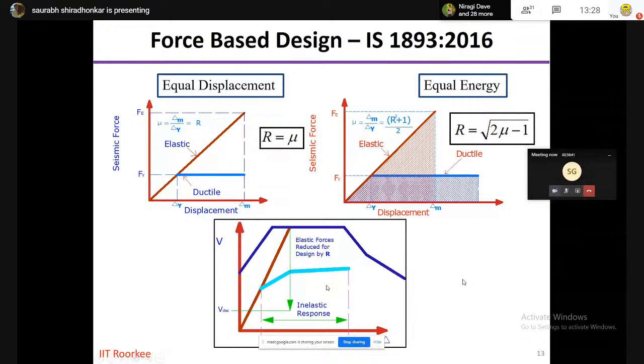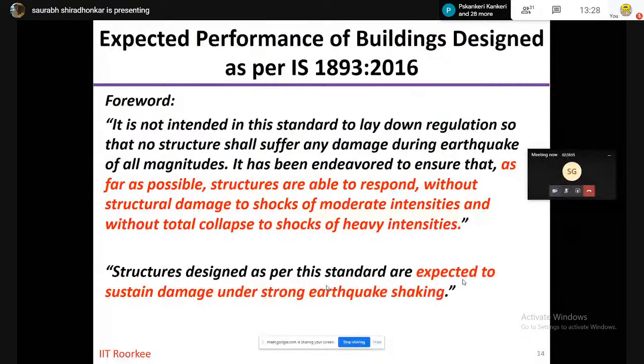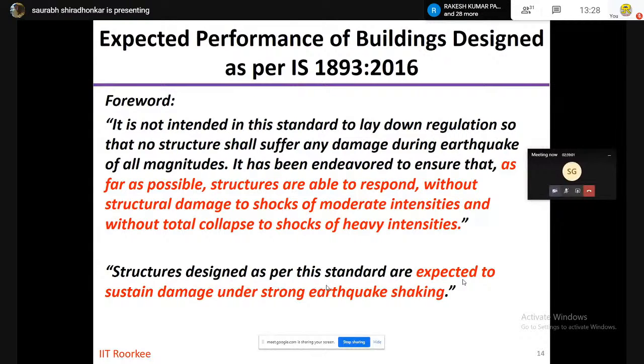But once you do this, you ensure that when an earthquake strikes, your building gets into the inelastic response.